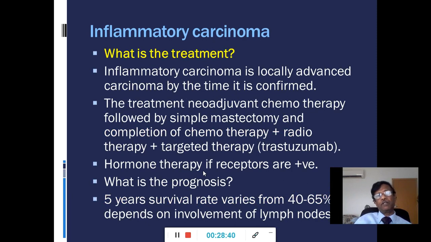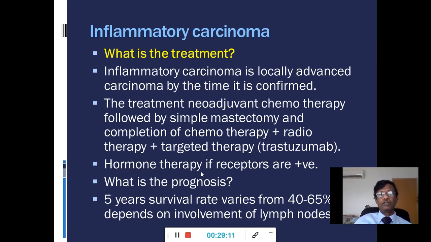What is the treatment? Chemotherapy plus surgery. Inflammatory carcinoma or lactational carcinoma is a locally advanced carcinoma by the time it is confirmed. The treatment is neoadjuvant chemotherapy followed by simple mastectomy and completion of the remaining cycles of chemotherapy, plus radiotherapy and targeted therapy, that is trastuzumab, which can also be given.